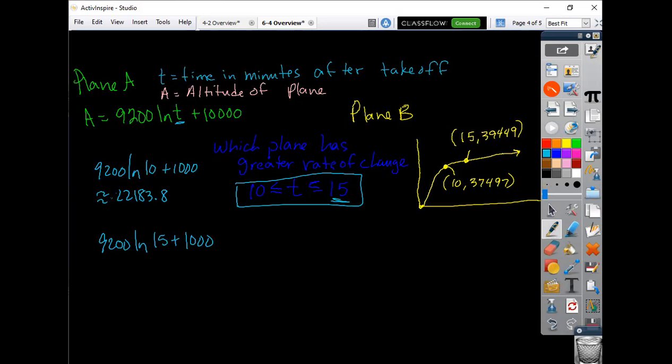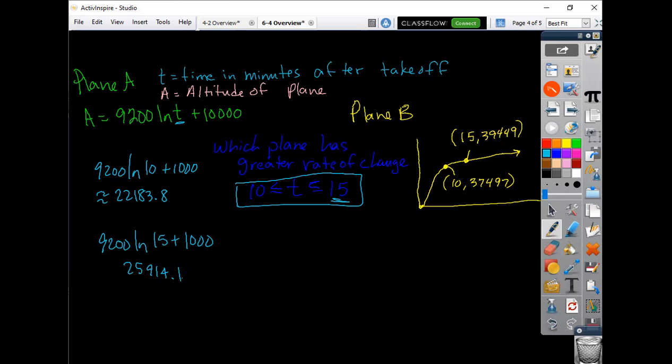And then the second one, the 9,200 ln of 15, enter, and add on my 1,000, and get 25,914.06 or so.